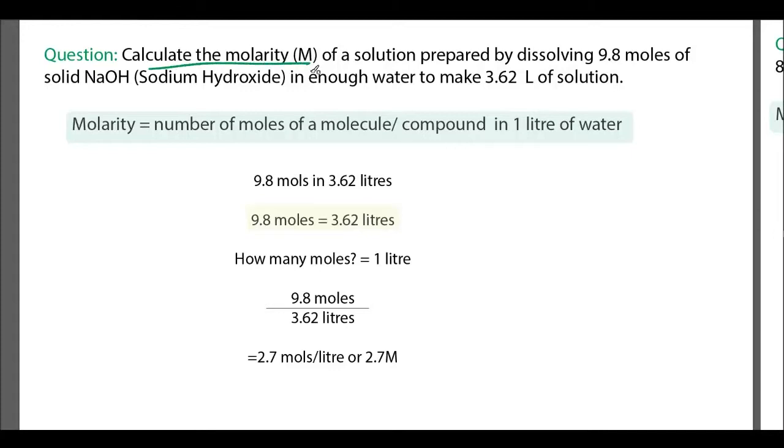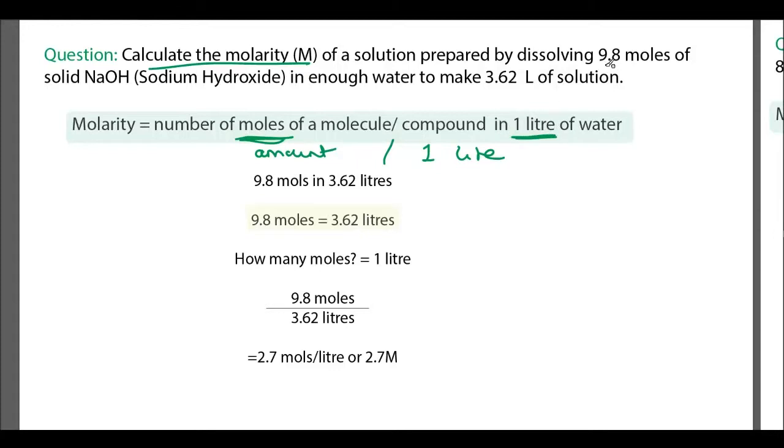So we need to know what molarity is. Molarity is an amount of something per 1 litre. So we've got the amount of moles in 1 litre. What do we actually have in this question?